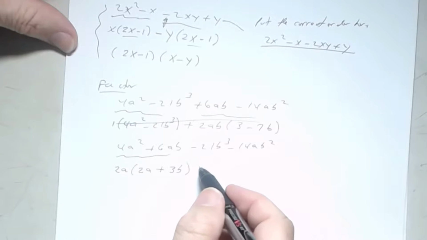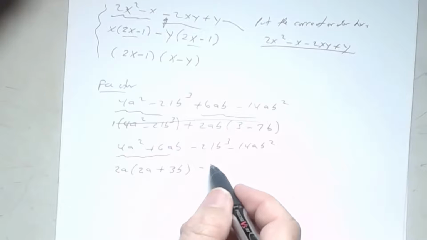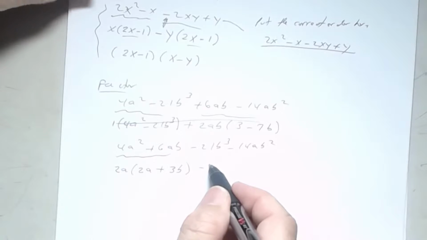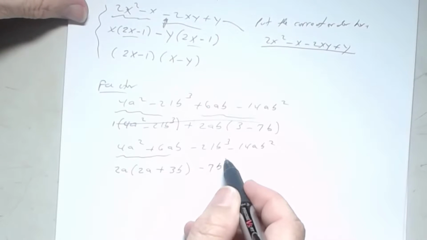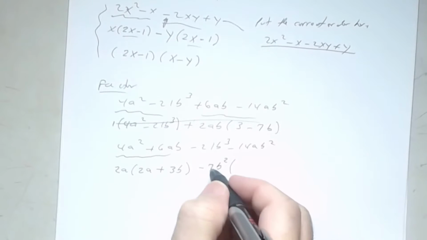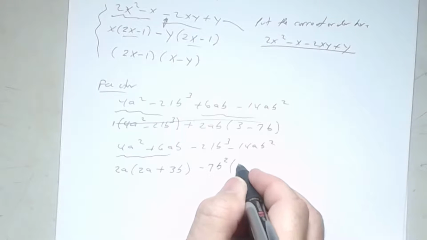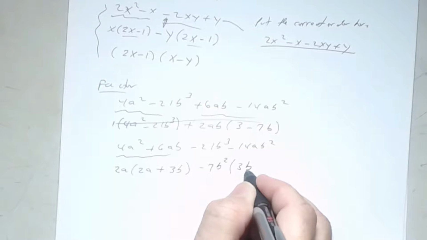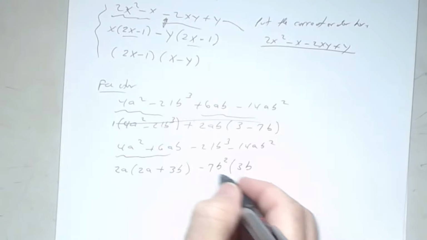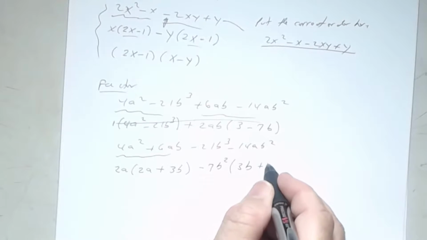From the second group, what could I factor out? Negative 7b squared. Negative 7b squared times what is negative 21b cubed? 3b. And negative 7b squared times what is negative 14ab squared? Positive 2a.